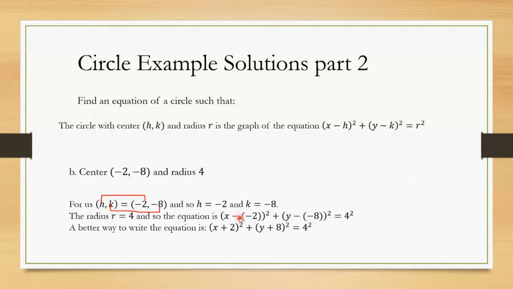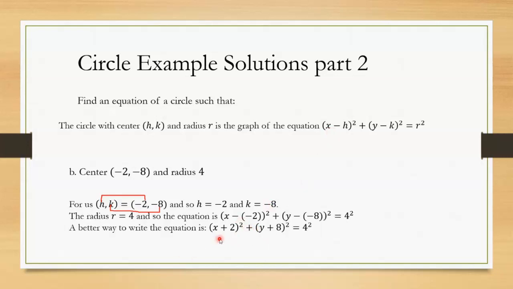It's not the best to write it as minus a negative. It's better to write minus a negative as addition, and that's what I did over here. I guess theoretically this is correct, but it's just better to write it as addition instead of subtracting a negative. But notice though, if you happen to have this addition here, for the center, you always want it to be minus.